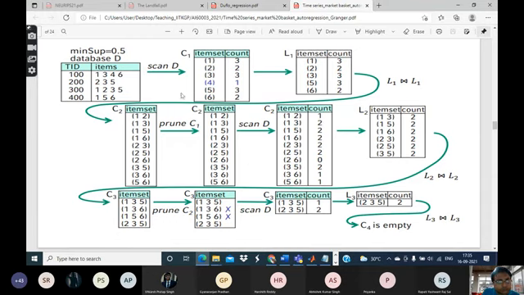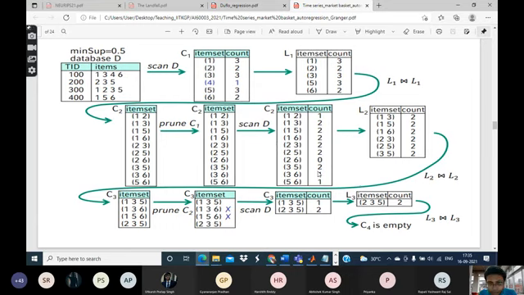Next, the 1 3 tuple: these two have been purchased together once in this window, and again in another, so I see 1 3 has been purchased together twice within the same window. Similarly we can fill up this table. For every tuple we basically count how many times it has been purchased together within the same window.